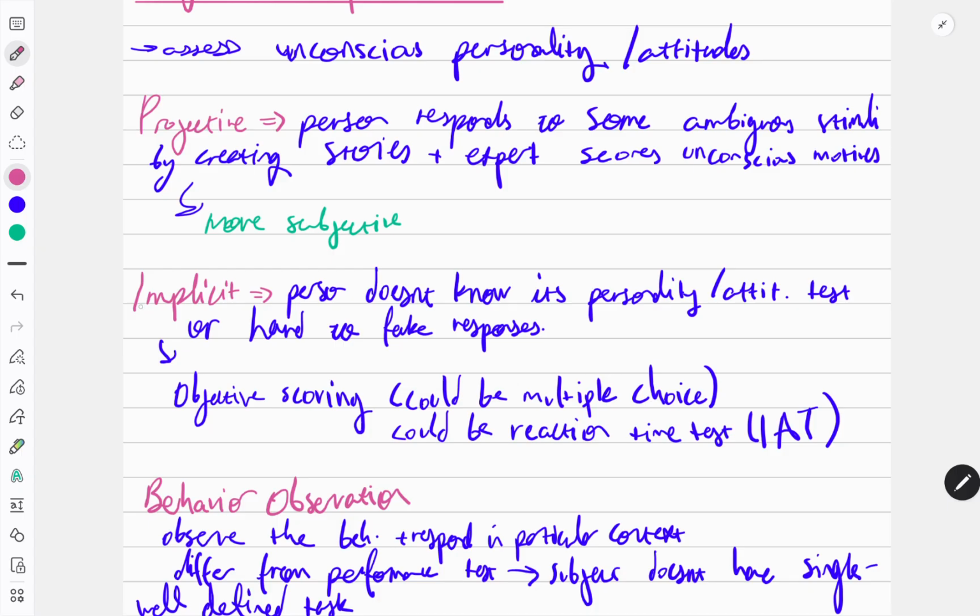If you ever took the implicit test done by Harvard, I think it's a very difficult test to manipulate, because you're asked to solve it as fast as possible, and you're inclined to show your subconscious biases towards certain groups.